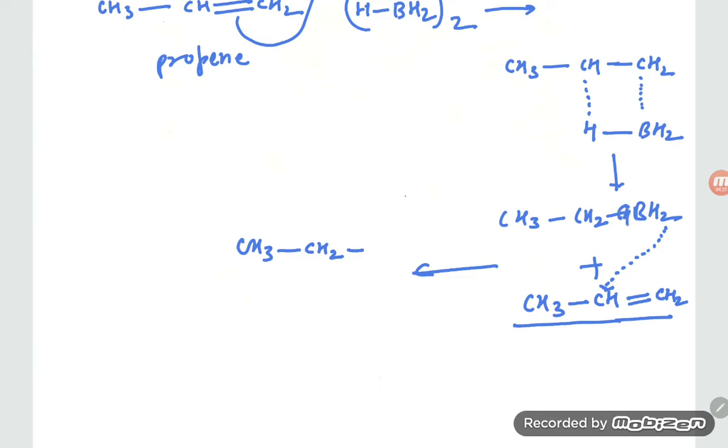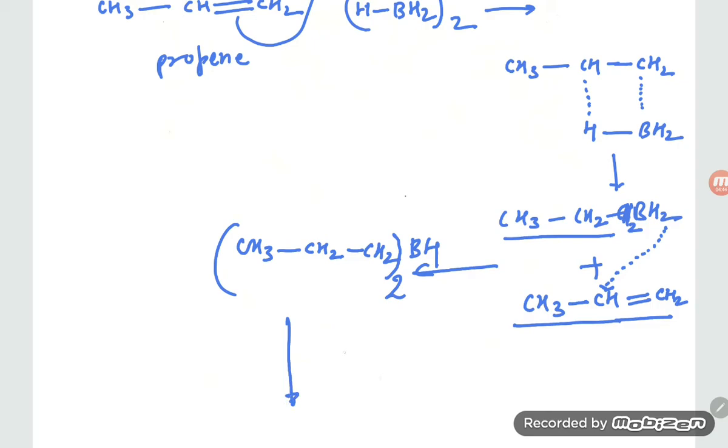Here is a little mistake, student, please don't get confused. One hydrogen shifted here, so it becomes CH2. This is 2 times because one molecule here, one molecule here, and one hydrogen is already gone, so only one BH is left.